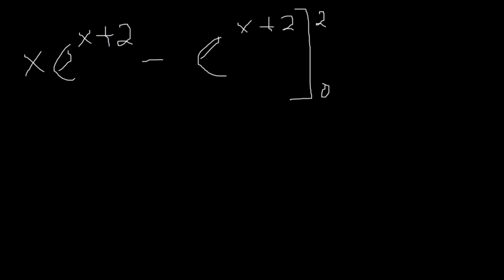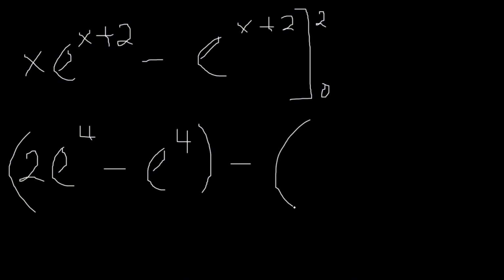Here we can substitute back our answer. That is 2 e to the 2 plus 2, that is 4, minus e to the 4, minus for 0, that is 0, 0 times that is 0. That is e to the 0 plus 2, that is e to the 2. You can further simplify this.